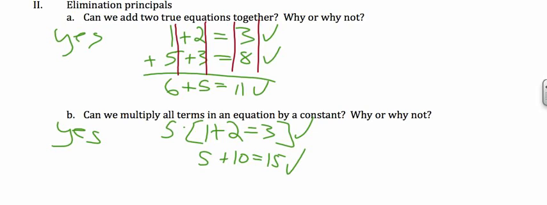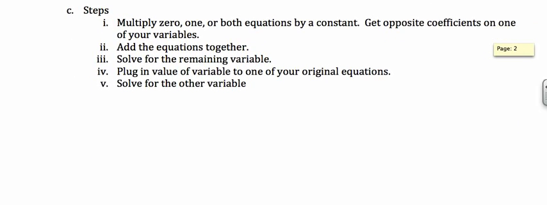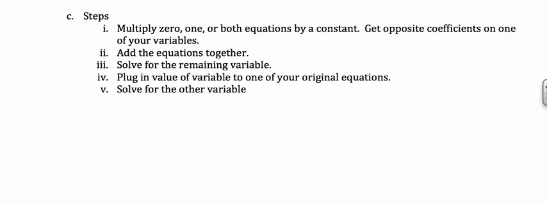So now that we know that we can add equations together if we feel like it, and we can multiply them by a constant if we feel like it and not change the fact that they're still true, we're going to utilize that strategy to help us solve systems of equations using a process called elimination. Okay, so I'm going to explain these steps very quickly, and then I'm just going to jump right into it.